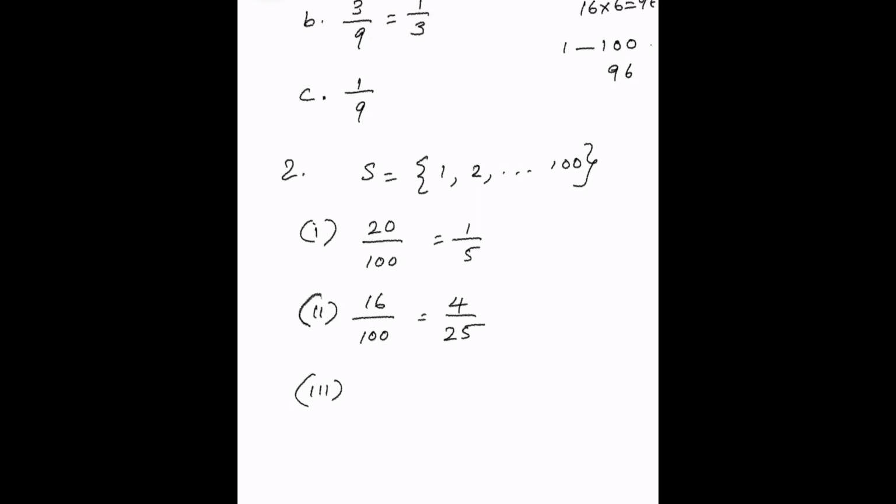Usually you do 60 minus 40, which is 20, and 20 minus 1 to find the between count. So 60 minus 40 minus 1 gives 19. So the probability of a number between 40 and 60 is 19 divided by 100.